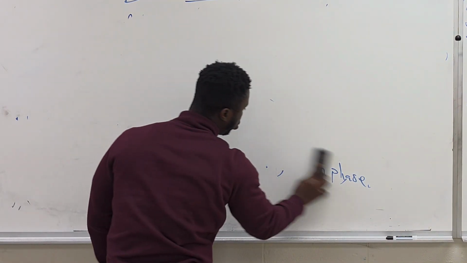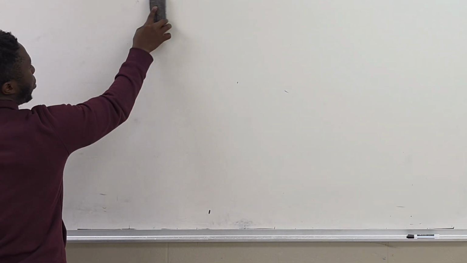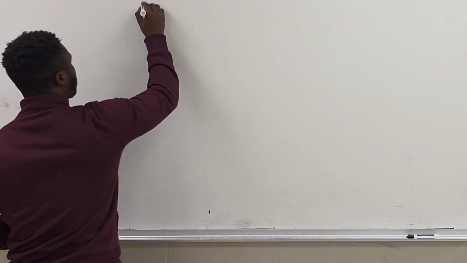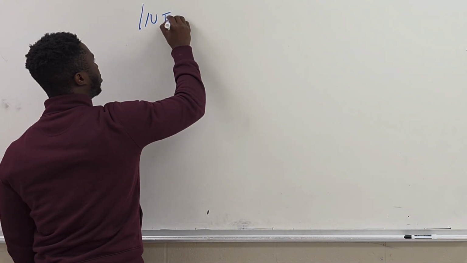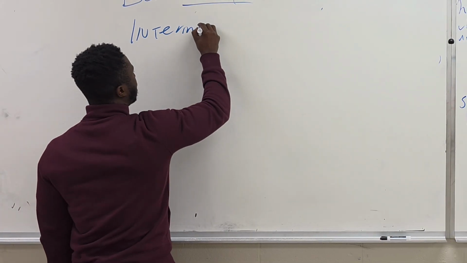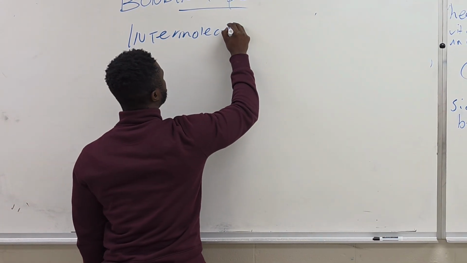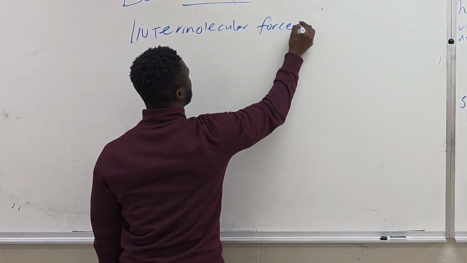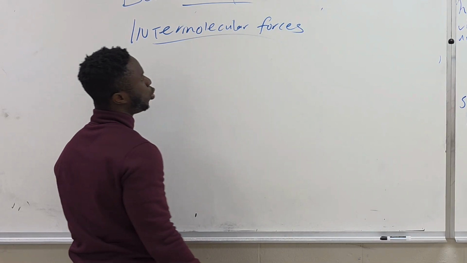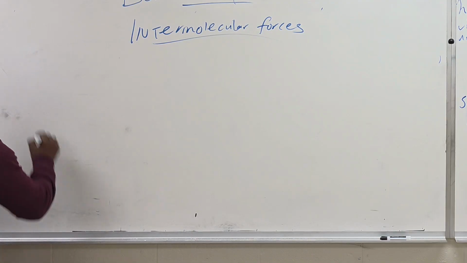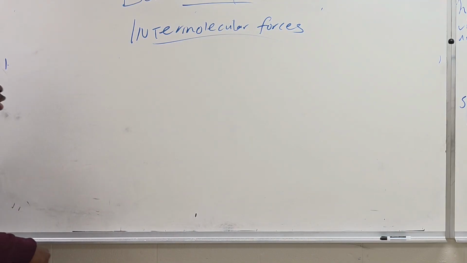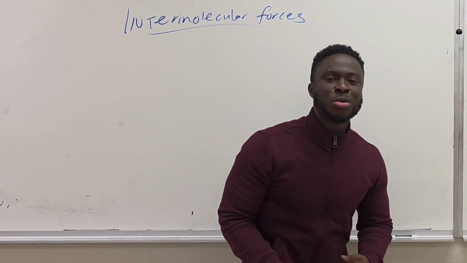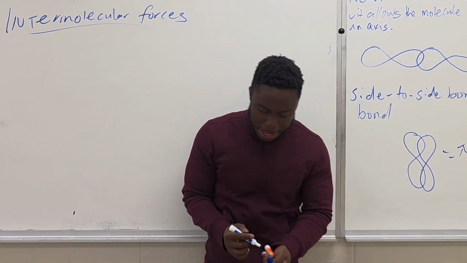Now let's move on to what I call intermolecular forces, and this will be the last topic that we're going to do, intermolecular forces. The last chapter we're doing under bonding and chemical interaction. So intermolecular forces, right? They are forces that exist between atoms that form covalent bonds, right?